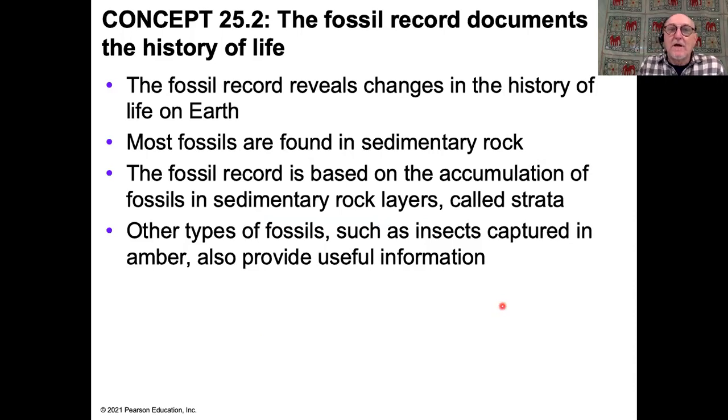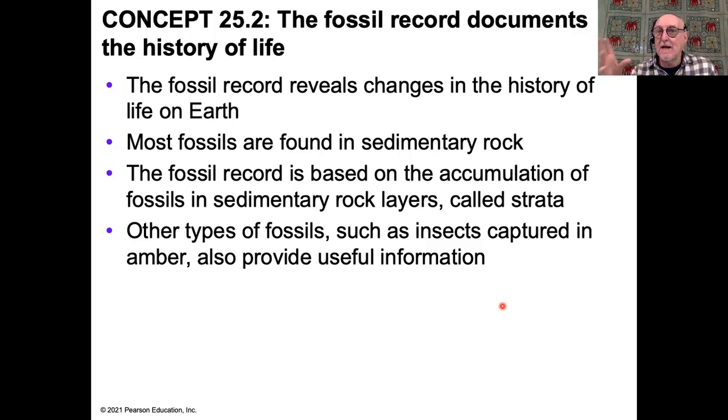Okay, so we're going to have just a brief look at fossils and at the fossil record, and realize the tremendous importance of the fossil record in giving us an idea of how developments took place in different organisms over time. Now, the vast majority of fossils are found in sedimentary rock, as I've told you.